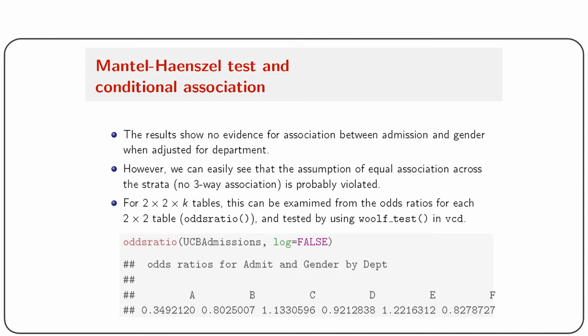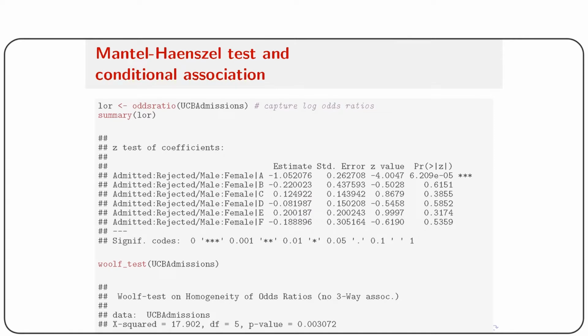in vcd. Suppose you ask for the odds ratio of the UCB admission data, then it will give you the list of all odds ratios here. What you can do is say LOR, then oddsratio, UCBAdmissions, capture the log odds ratio, and then the summary of LOR is like this.